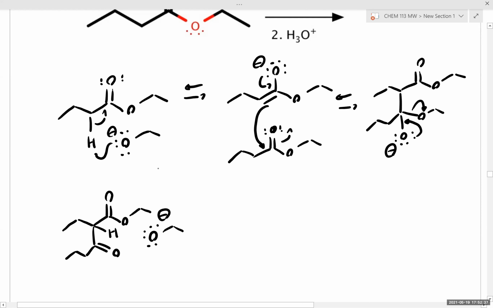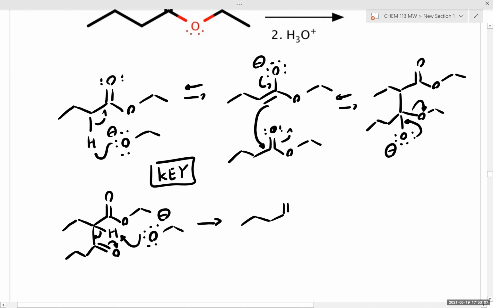What's our last key driving step? What step drives this reaction towards the product? H plus quench is not quite yet. The key step for the Claisen reaction that drives this equilibrium towards the product is a deprotonation step.